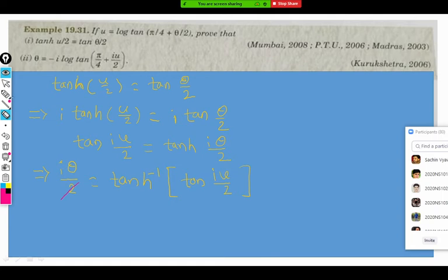Let me keep the same ink. So I will say this gives us iθ by two as it is. Any doubt in this step first?